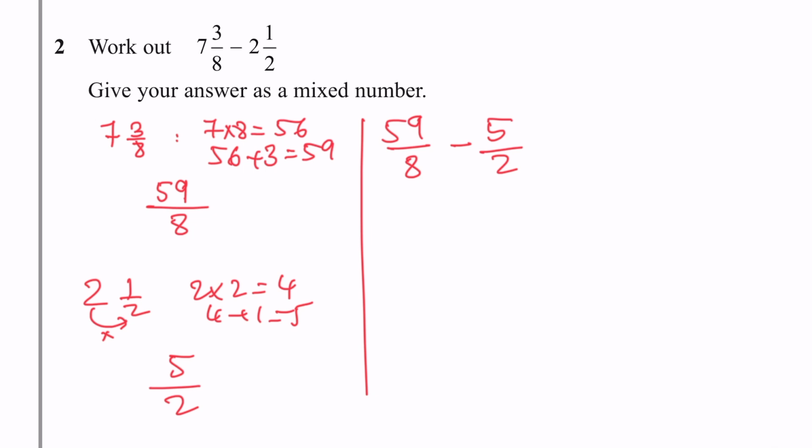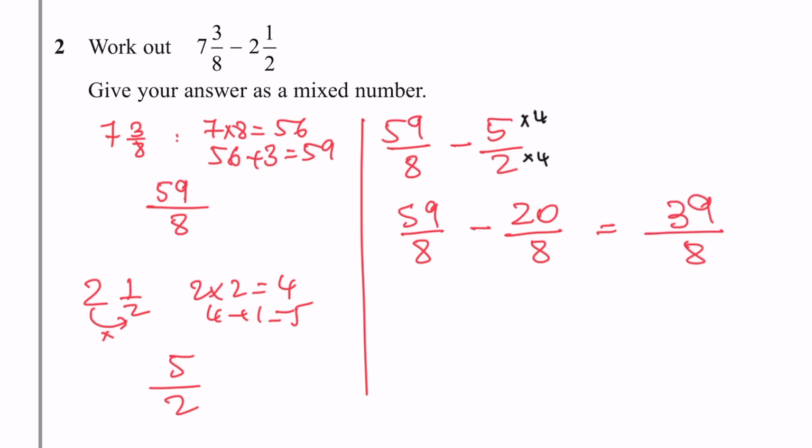So the easy way to do it is just multiply the second denominator by 4, and then you get 8, and that will be our same denominator. 59 over 8 minus 20 over 8, which is equal to 39 over 8.